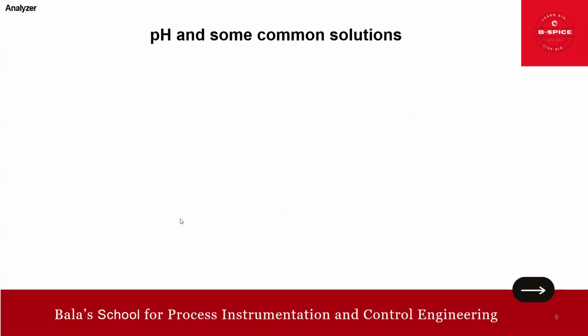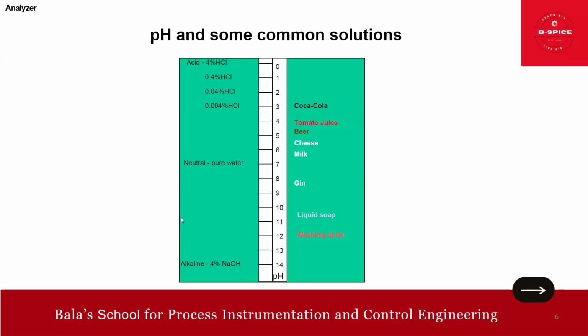Okay. Now, pH of some common solutions which we encounter during our daily life. You can see here, friends. First, we go to beer. You see, beer is here actually, between 4 and 5, right? Then tomato juice at 4. Coca-Cola, yes, you see the pH 3. Then cheese between 5 and 6.